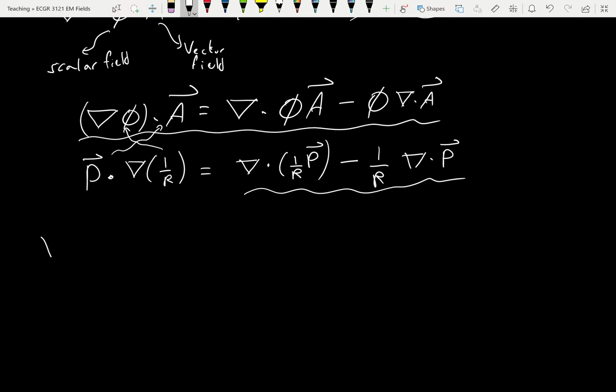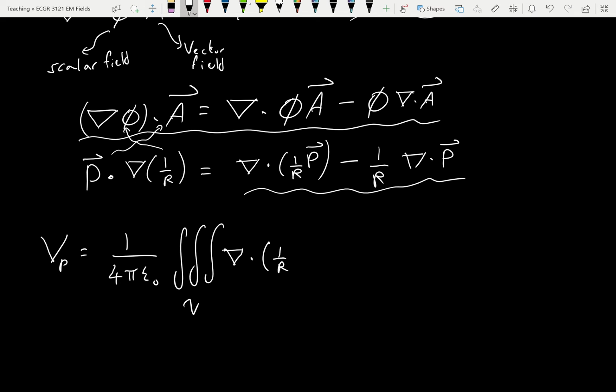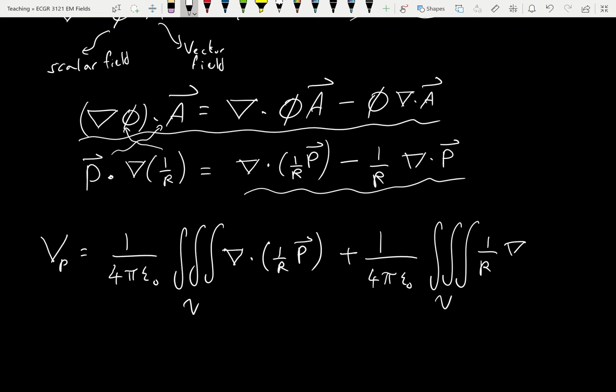When we do that, we get Vp equals 1 over 4 pi epsilon naught, volume integral of the divergence of P over R, plus, I want to take the minus inside the integral for reasons I'll show soon, minus 1 over R divergence P dV.